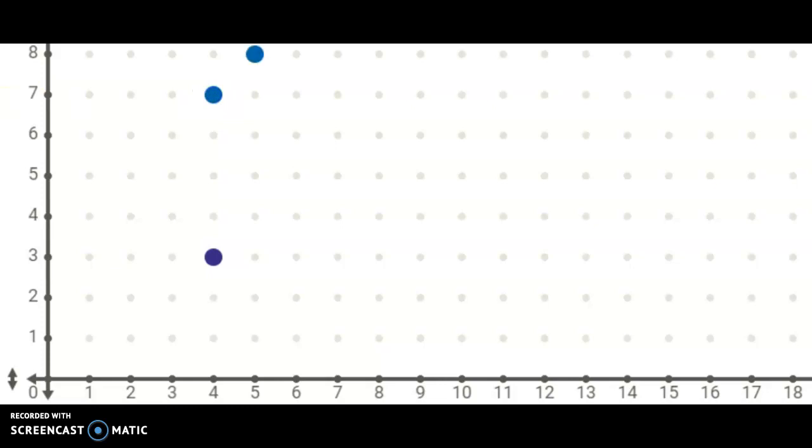And then we're going to go over 9, and then we're going to go all the way up to 7, and then we're going to go over to 9, and we're going to go up to 3. So when I look at this, I can see that this makes a square.